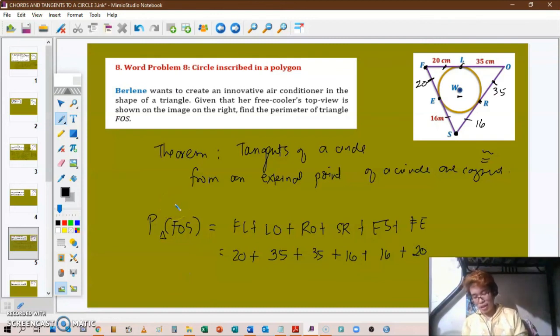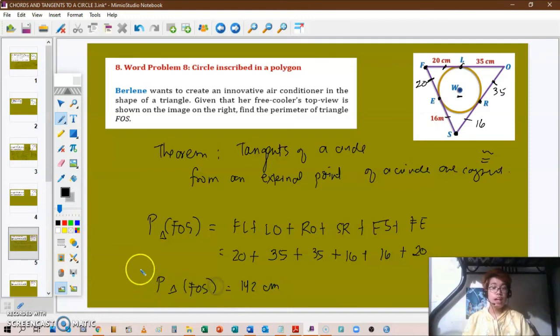So we can add that: 40 plus 70 plus 32, because 16 plus 16 is 32. It's going to give us 142 centimeters. Therefore, that's the perimeter of Berlin's air cooler.